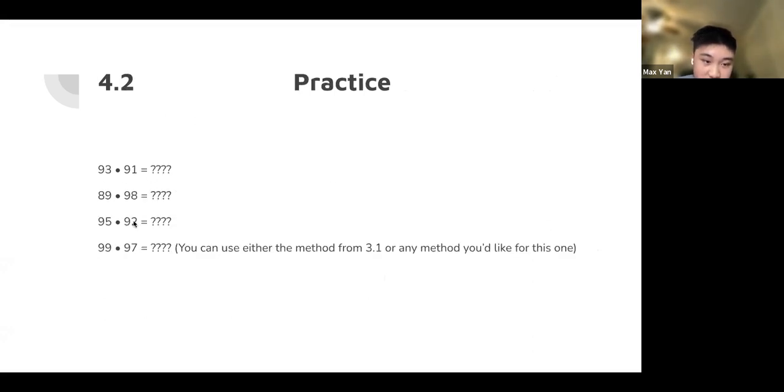Okay, so let's try this out. 93 times 91, 89 times 98, 95 times 92, 99 times 97. Don't use the trick from 1.1. Try to use this new method for multiplying numbers close to but less than 100.